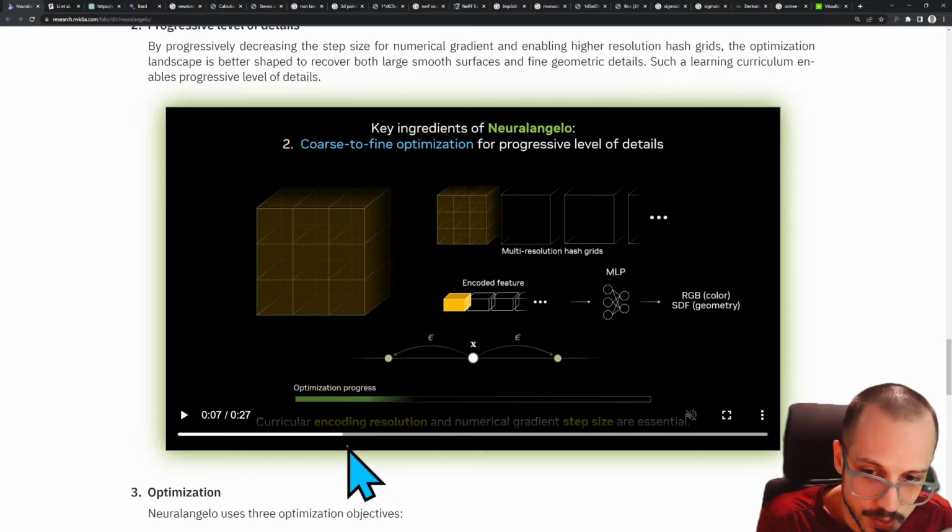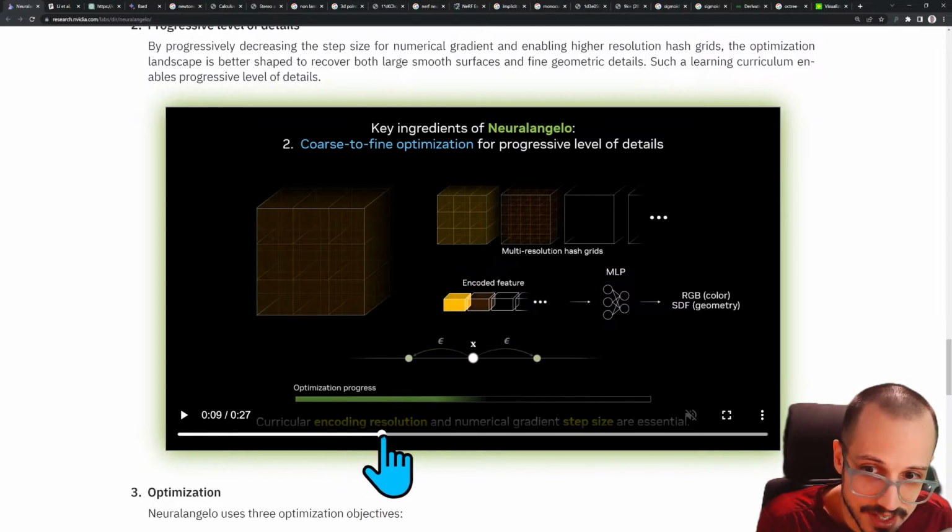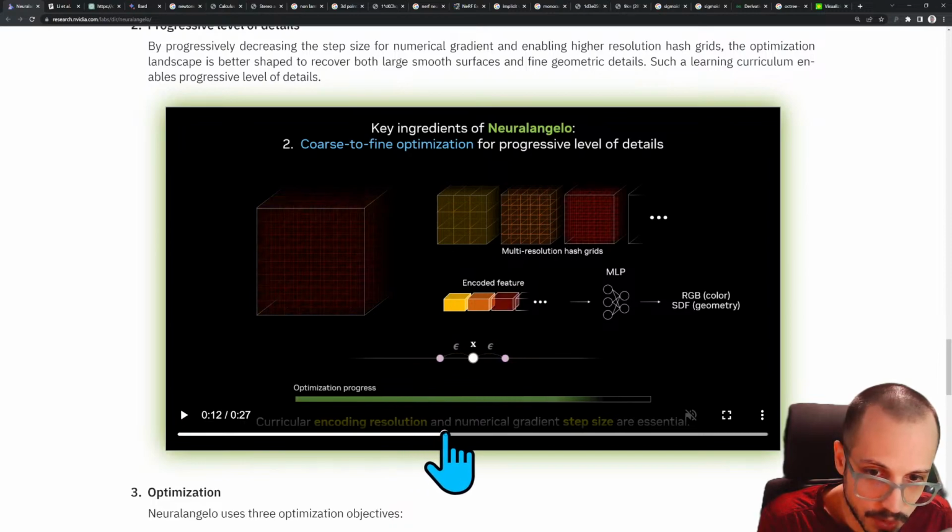So this is what they're showing you. And then you get to a certain point and you add the next grid, right? So here's the next grid. And your feature is now, first it's just the coarse grid feature, but then it becomes this concatenated coarse and finer grid. Then you get an even finer grid, and the feature becomes even more, and so on.